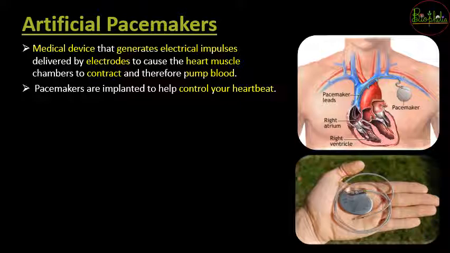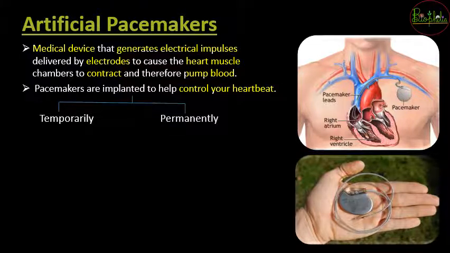So if your heartbeats are abnormal, if they are irregular, in all those cases the doctor can suggest installing an artificial pacemaker. So an artificial pacemaker can be installed or implanted under two conditions. Either it can be a temporary implantation or it can be a permanent implantation. So temporary कब suggest किया जाता है?